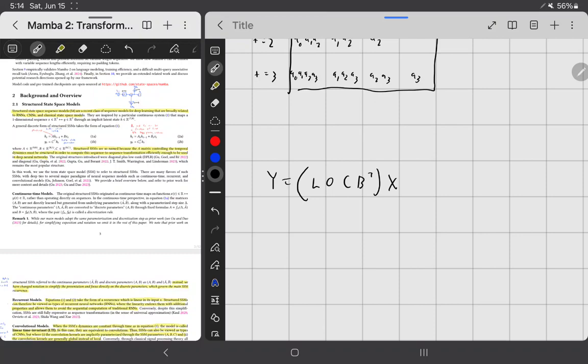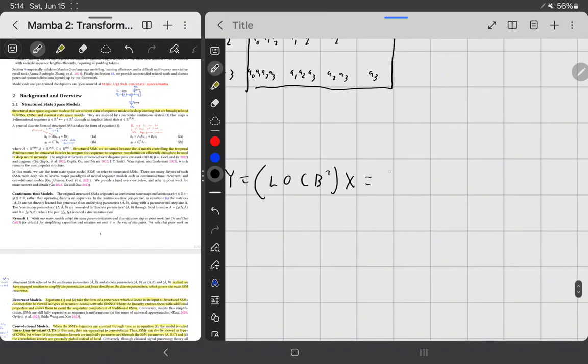Now you may notice that this is the exact formulation of the attention mechanism, where the attention mechanism is instead L. Wait, that's B transpose C there. My bad. B transpose XC. So this is the formulation here, and I'll show more how this comes about later.